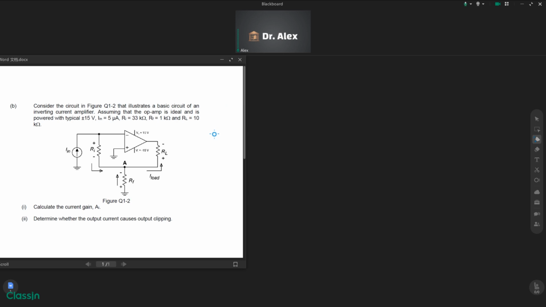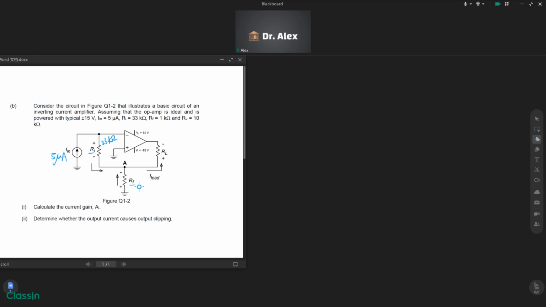And today, let's look at this question. Obviously, it's another question for the operational amplifier. First of all, let's write the values on the figure. The input current is 5 microampere, and the input resistor is 33 kilo ohm.